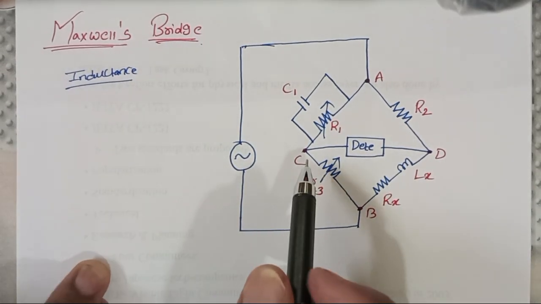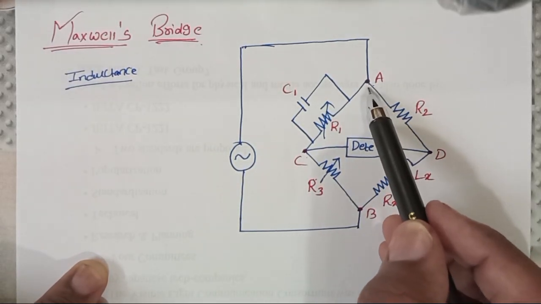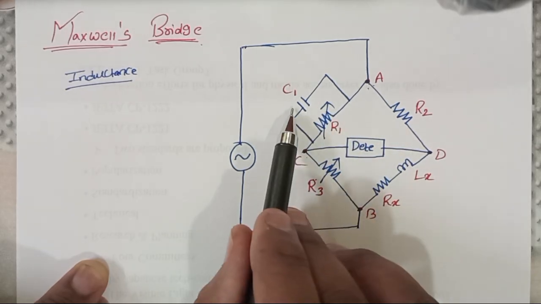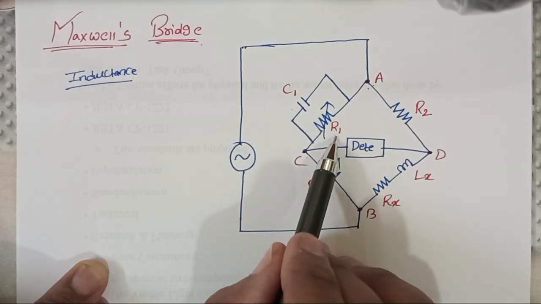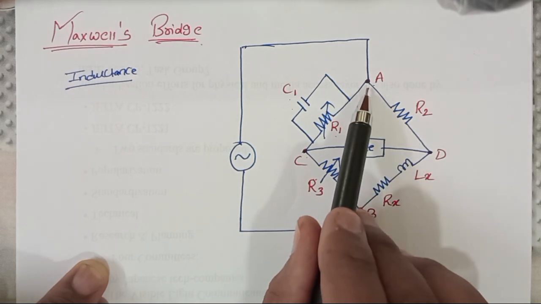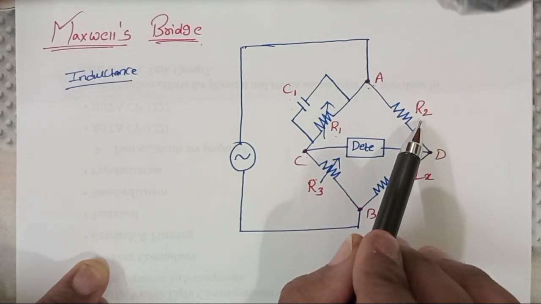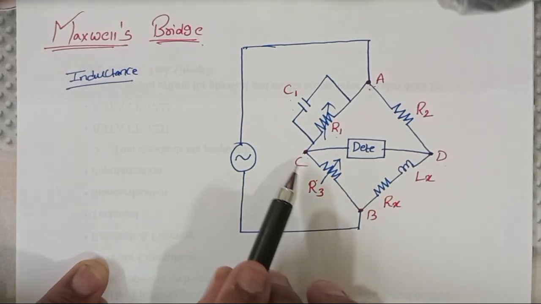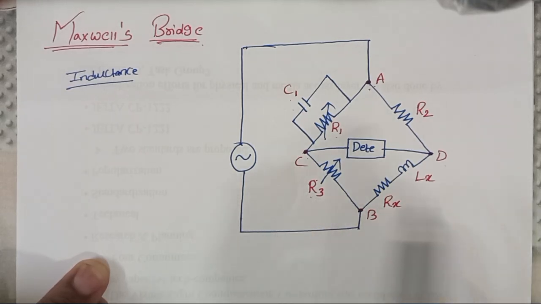From the construction point of view, between the terminals A and C we have the parallel combination of R1 and C1. Between A and D we have resistance R2. Between C and B we have resistance R3.